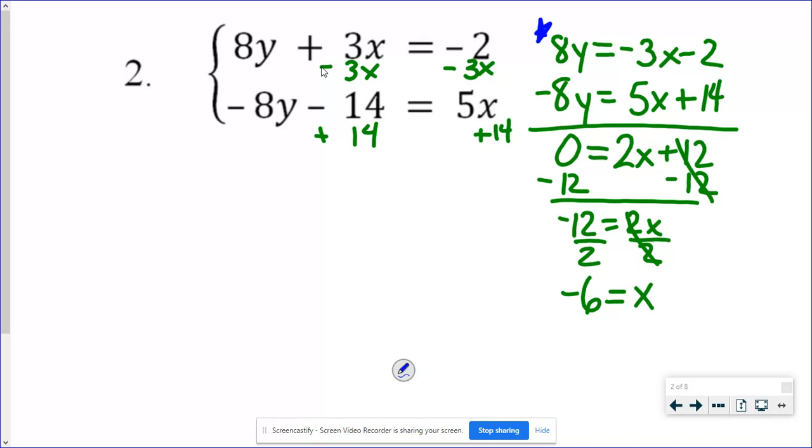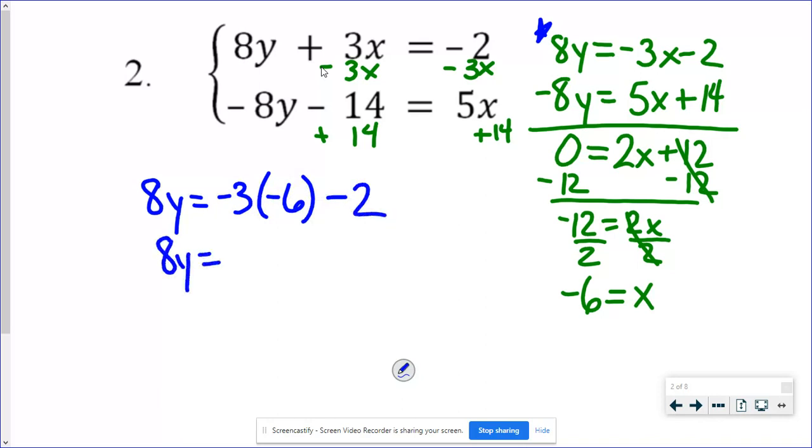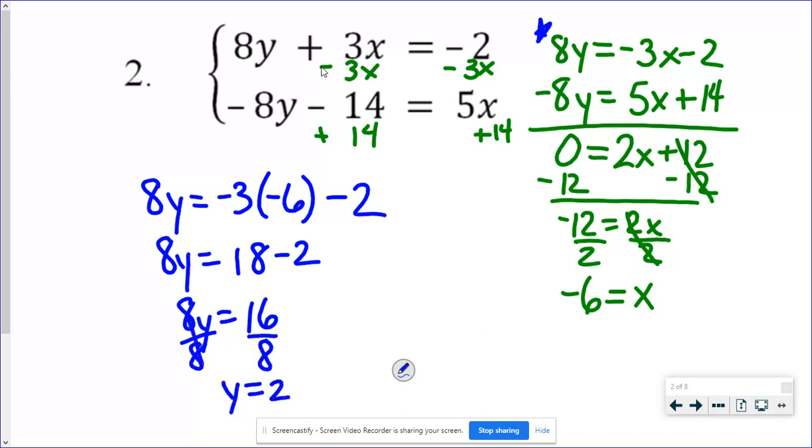So I'm going to use that equation. 8y equals negative 3, and then instead of the x, I'll put in my negative 6, minus 2. Negative 3 times negative 6 is 18. Minus 2 would give me 16. And divide. The y is 2. So I have my ordered pair now because the x was negative 6 and the y was 2.